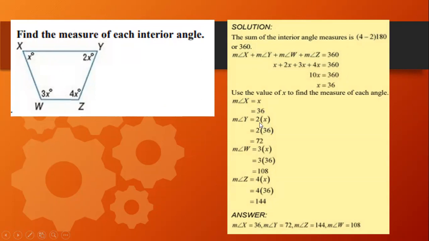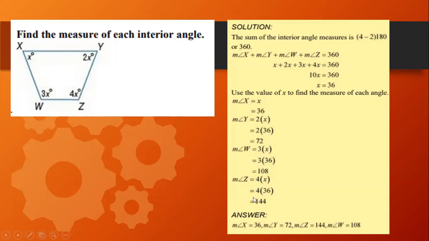Angle y is 2x, or 2 by x, which is 2 by 36, which is 72. Angle w is 3x, which is 3 by 36, which is 108. And then angle z is 4x, which is 4 by 36, which is 144.